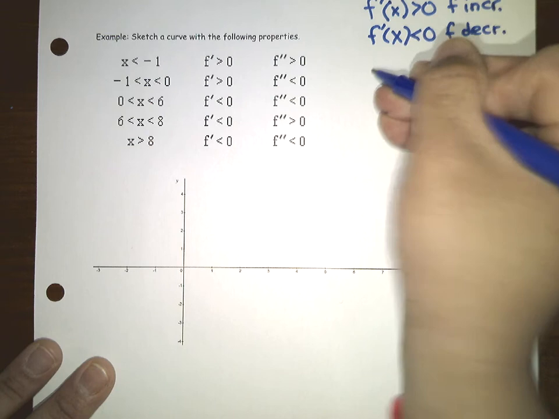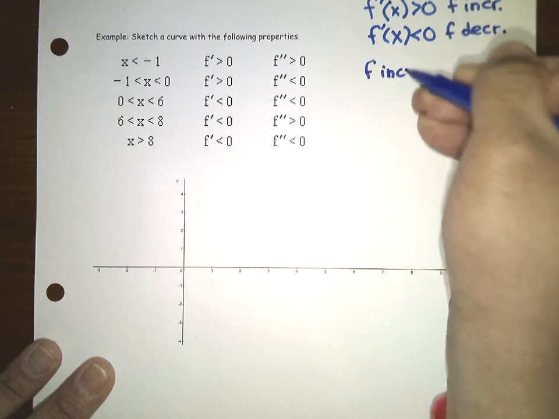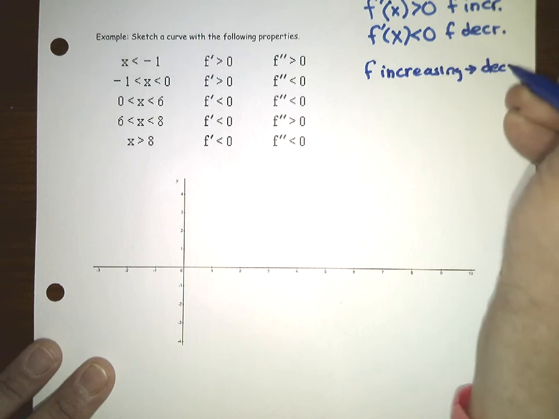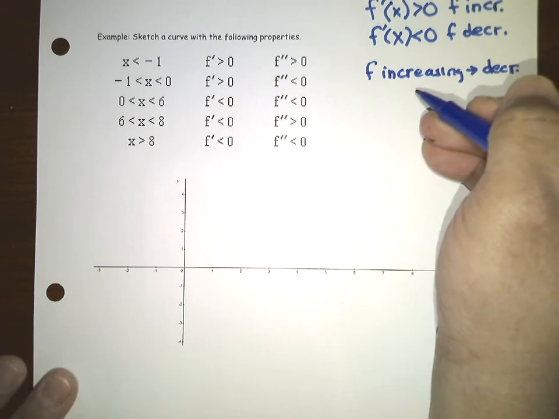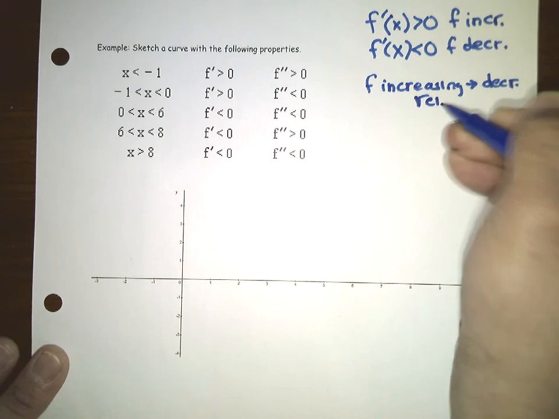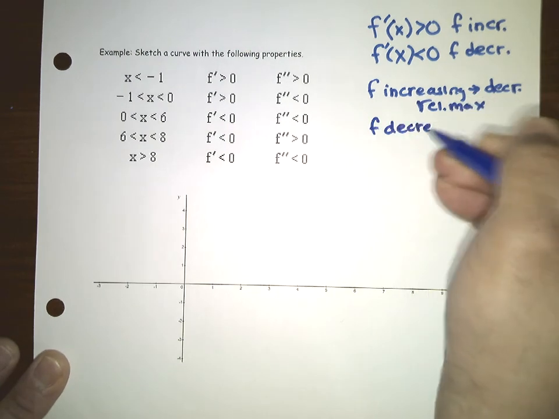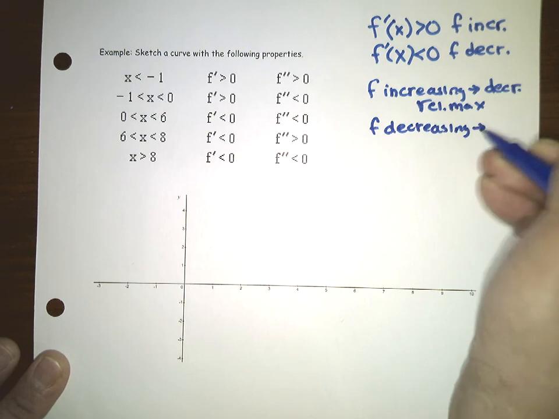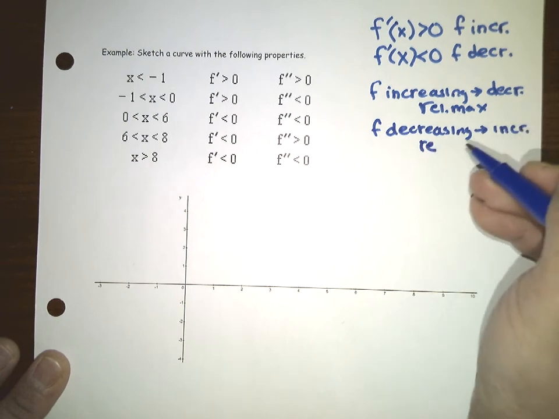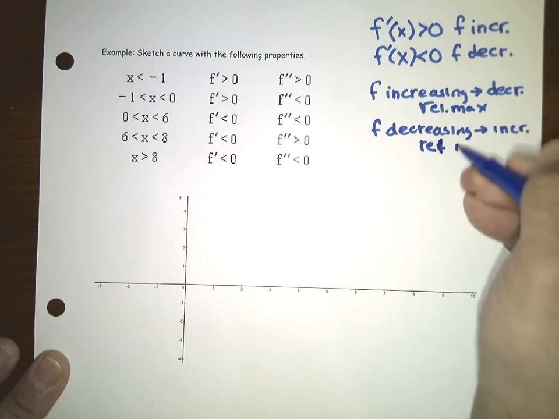F prime less than 0, f decreasing. And then if f is going from increasing to decreasing, then that means that there is a relative maximum. And if f is going from decreasing to increasing, that means that there is a relative minimum.